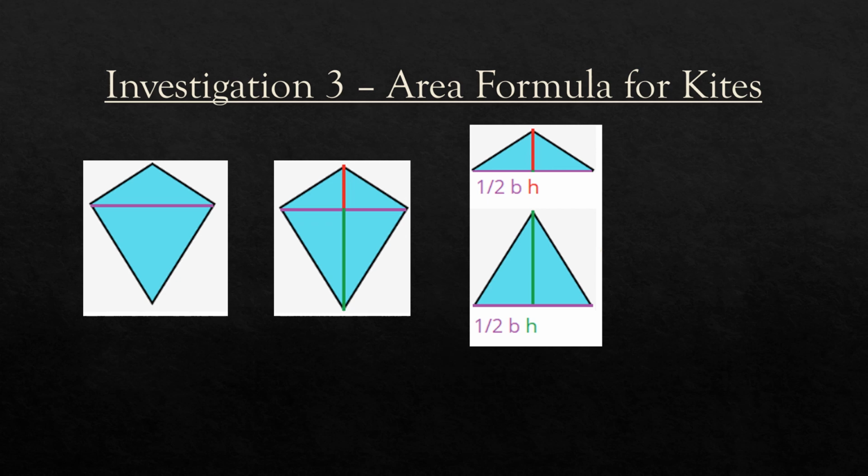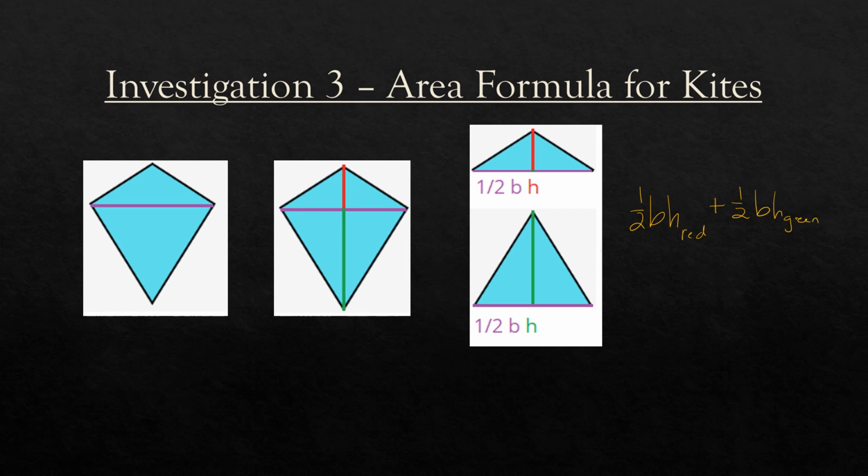I already know the formula for the area of a triangle. It's 1/2 base times height. So if I want to add these triangles together, the 1/2 is the same for both. The base is the same for both, but I have a red height and a green height. I'm using a subscript on the H just to denote that they're different.